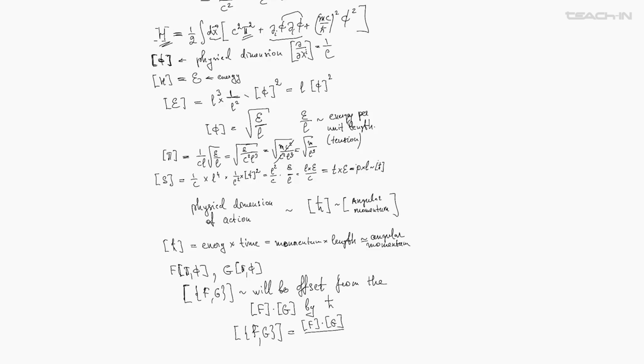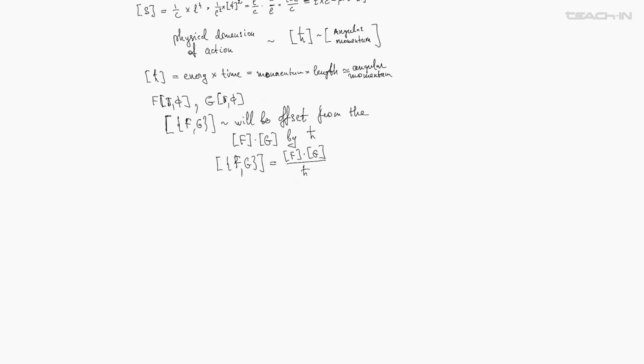And this you can easily understand, of course, from the definition of the Poisson bracket. You see that the Poisson bracket is a differential operation, explicitly given by the following formula. It's an integral dx of delta f over delta phi on x, delta g over delta pi on x, minus delta f over delta pi on x, delta g over delta phi on x.